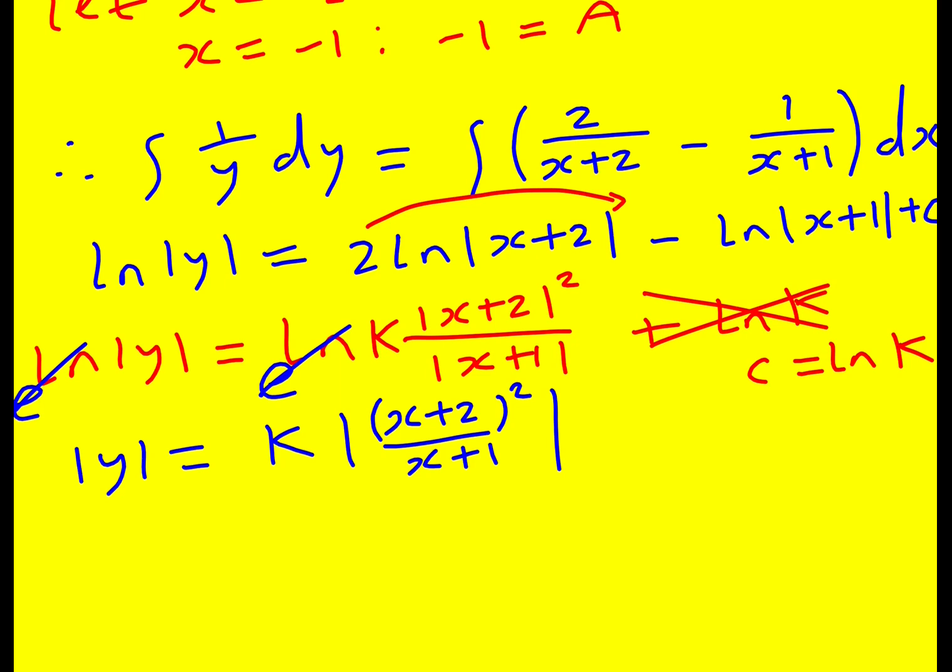Now, I've got modulus signs in there, but what we need to remember is if we got rid of these modulus signs, you technically just have to think about plus and minus different solutions, and you would just get a different arbitrary constant. So you might think that's a bit hand-wavy what I've just said, but it's absolutely fine to basically get rid of the modulus sign at this point.